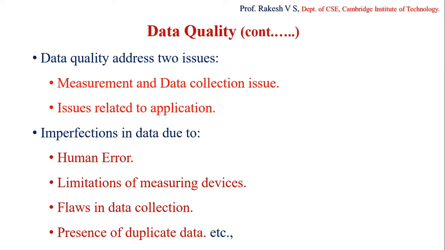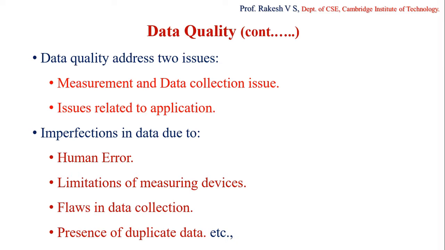So what are the issues that occur during the measurement, and what are the issues that occur during the collection of data, and what are the errors or issues that might occur in both the cases together, and then issues related to application. So when we say there are imperfections in the data, these imperfections are due to the following facts.